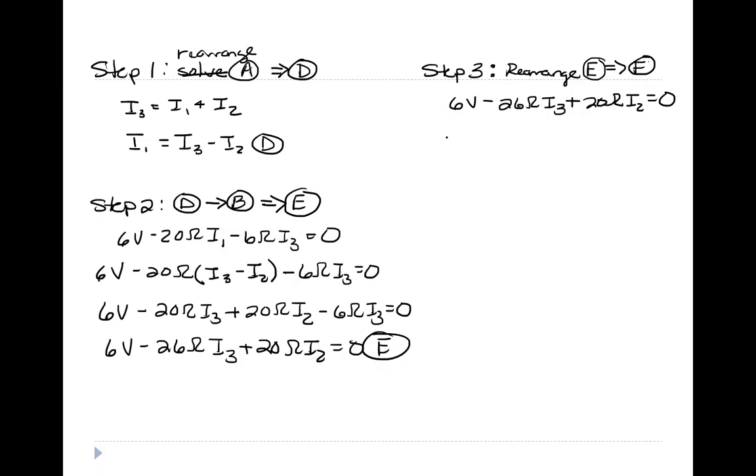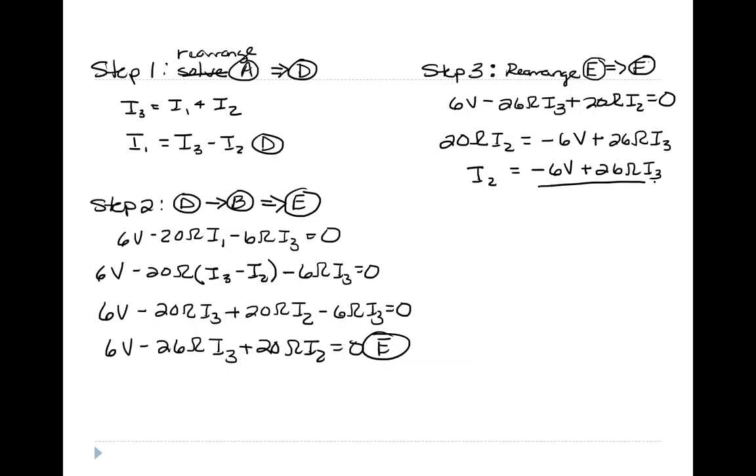So the first thing I'm going to do is move everything else to the other side of the equation. Okay. And now I divide by 20 ohms. So I2 equals negative 6 volts plus 26 ohms I3, all divided by 20 ohms. Okay, and this is equation F.